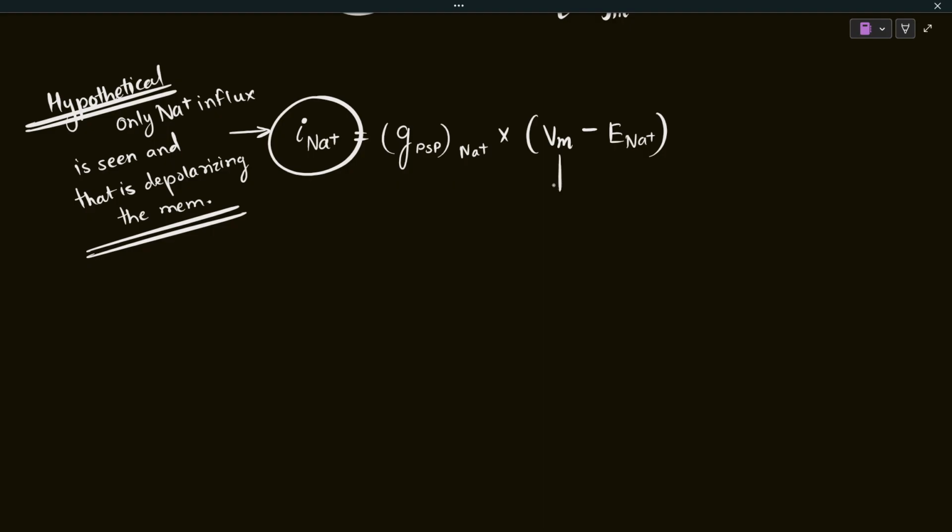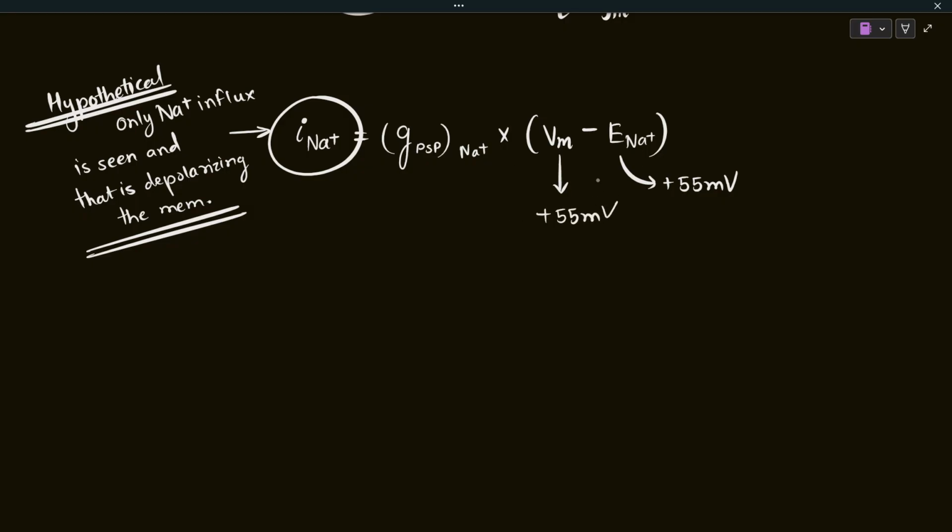Let's say you set the membrane potential exactly equal to the equilibrium potential of sodium ions. We know that this value is plus 55 millivolt, which we calculated theoretically. So I set the membrane potential, using the voltage apparatus, to plus 55 millivolt.